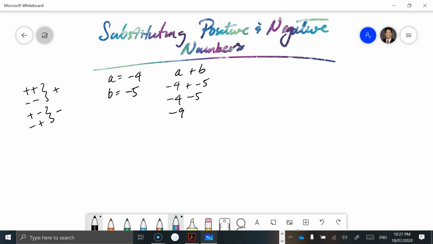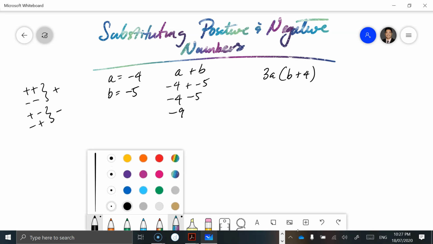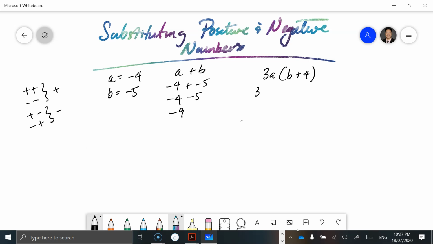Using the same variables, we'll try 3a(b plus 4). Again, a is -4, b is -5. So we've got 3 times -4 on the outside, and then we've got -5 plus 4 on the inside. So we're dealing with brackets.